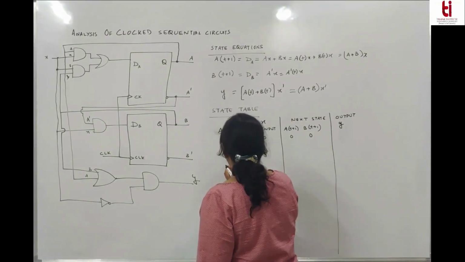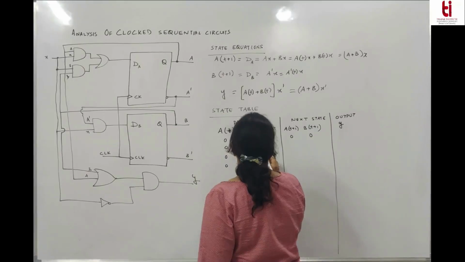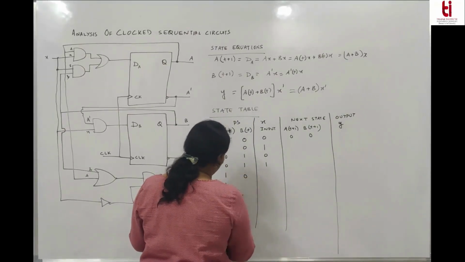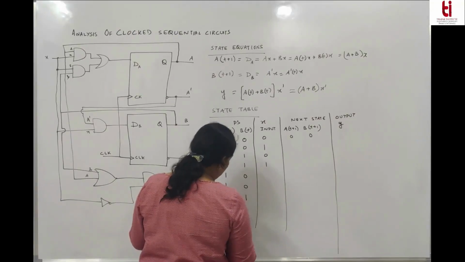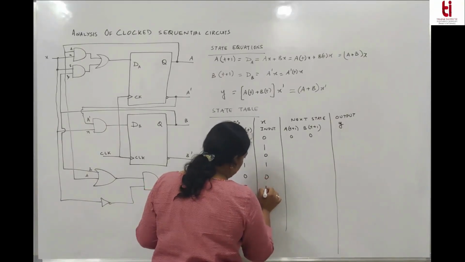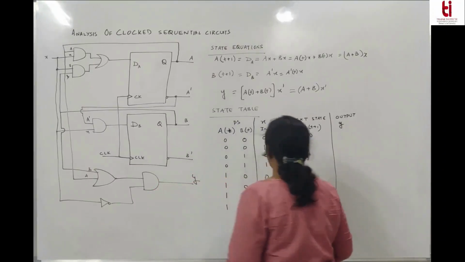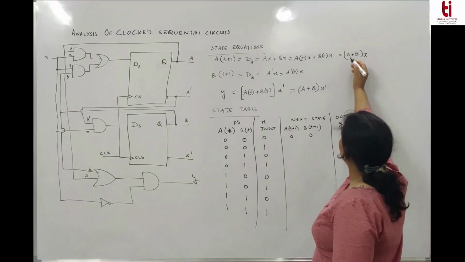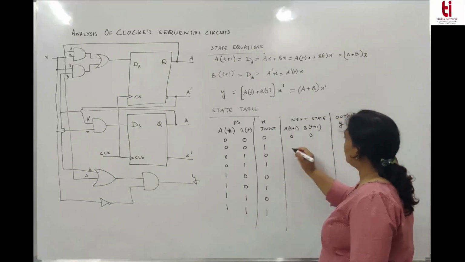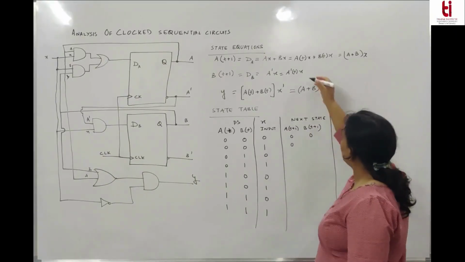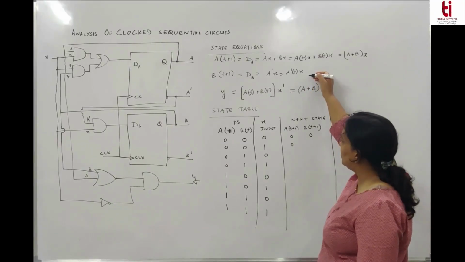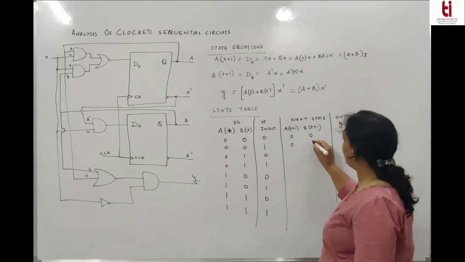For every combination of states, X will be 0 and 1. Now when A and B are 0, 0 and X is 1, then this is 0. A bar X: what is A bar? 1, X is 1, so this will be 1.